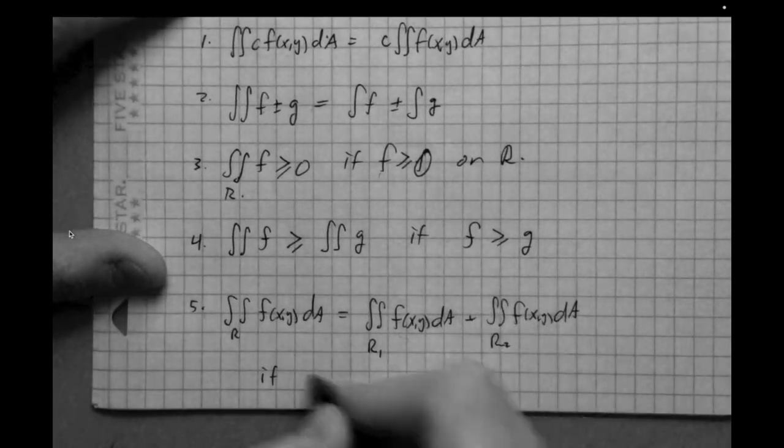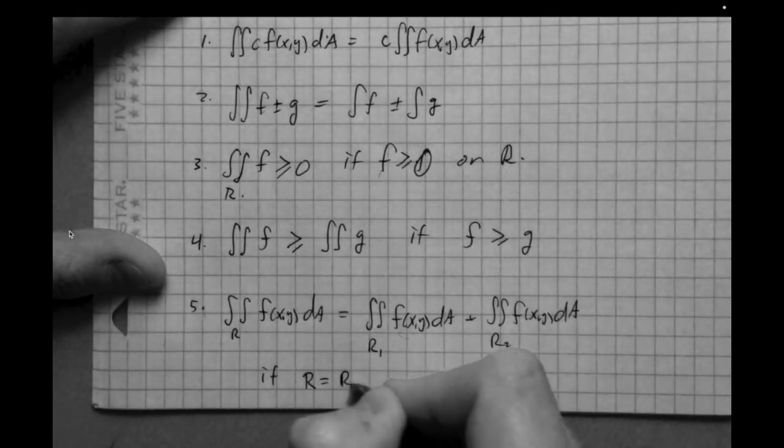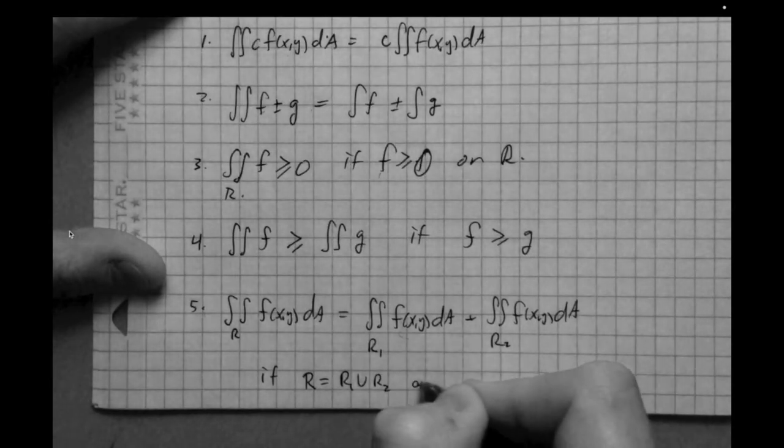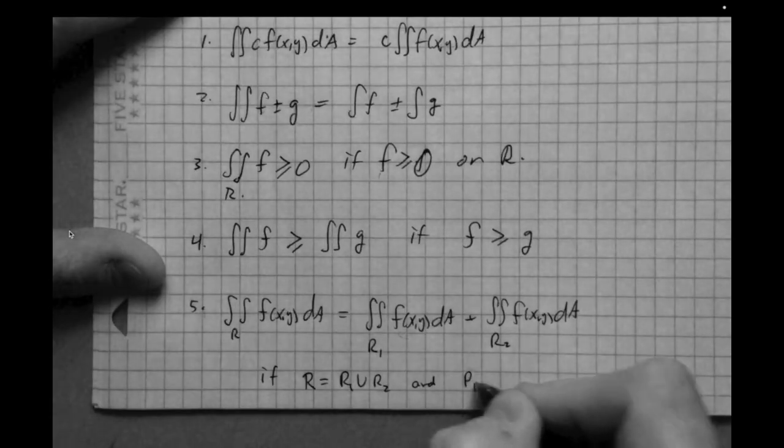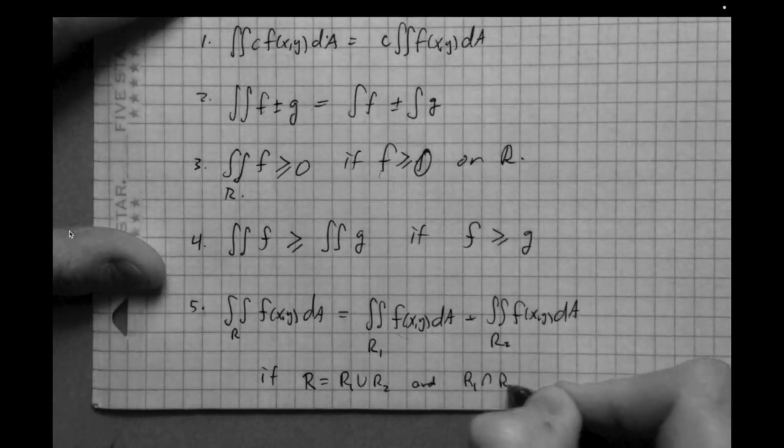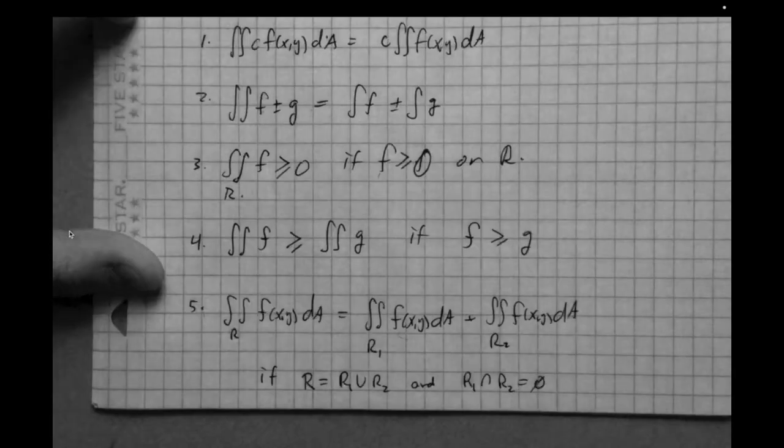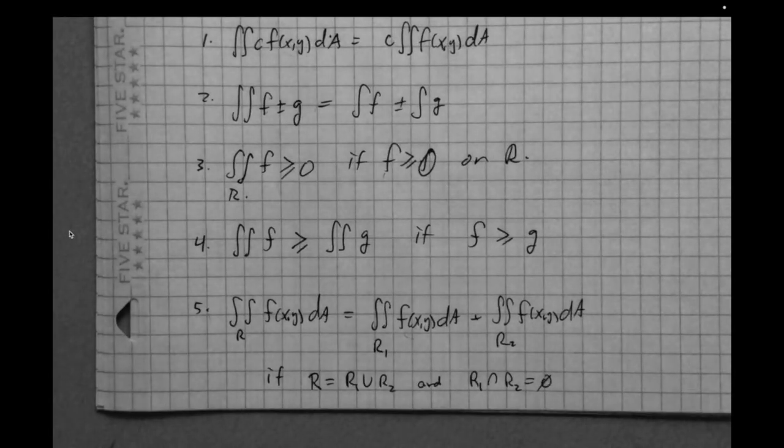Another way to say that would be if R is equal to R1 or R2 and the intersection of these two is empty. Basically, if R1 and R2 partition R, then you can break the integral up over those two separate subregions, add them together, and you get the full region.